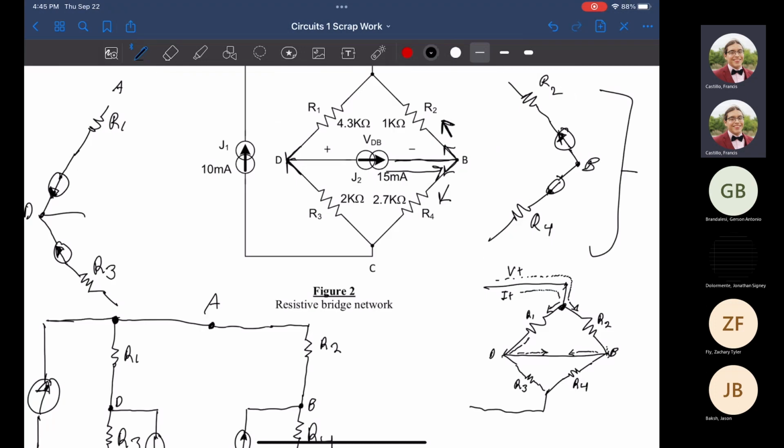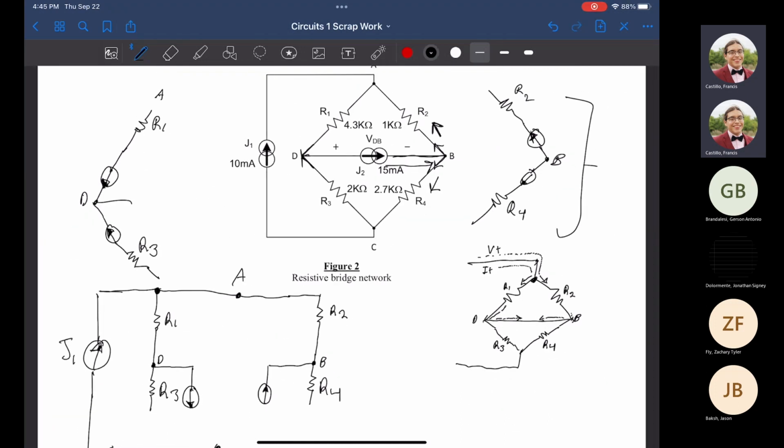What I just did is essentially shift one current going down out here. Not for I1, but for I3. It's going down into it. And then I said the current of the positive or the negative side is going to be flowing down into R4.